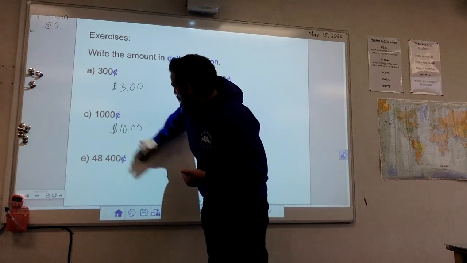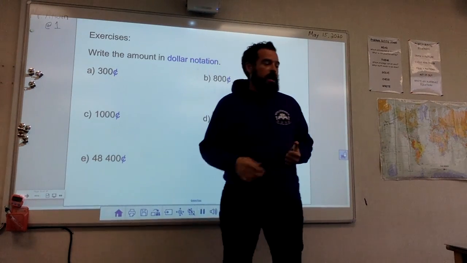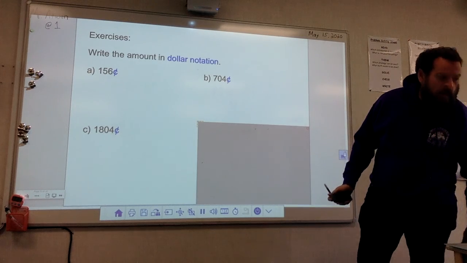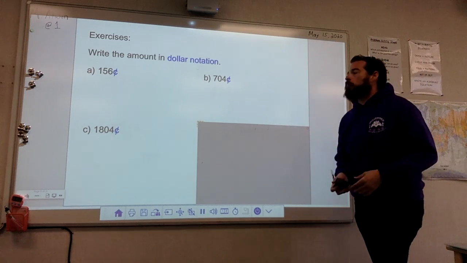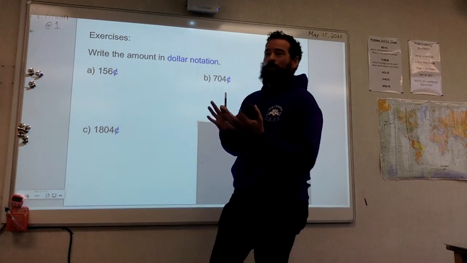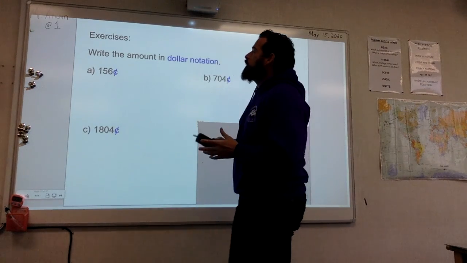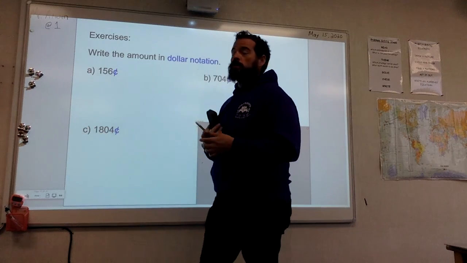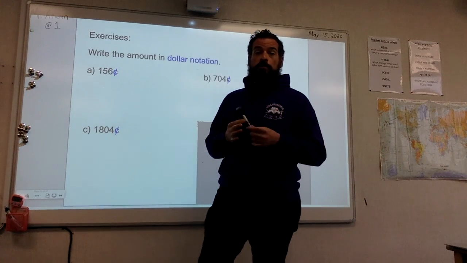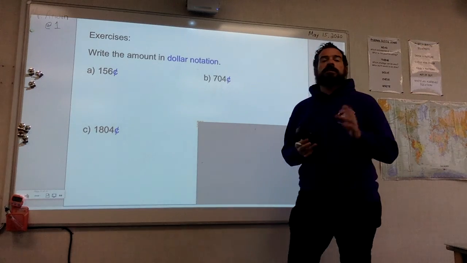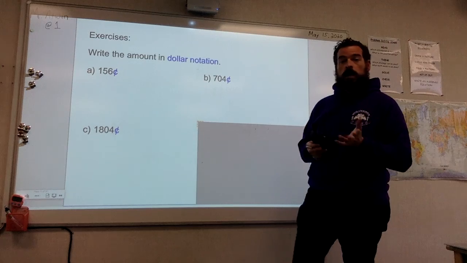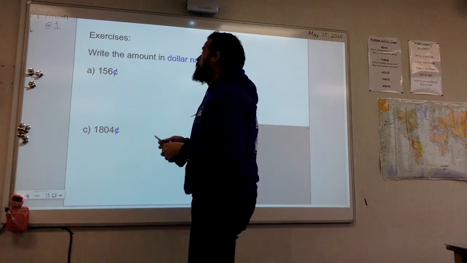Hopefully that's not too difficult to understand. All right, so we'll just have a couple more here. Those were all numbers that were divisible by 100, but now I'm just going to show you how that looks when we have numbers that are not. But again, if you keep in mind that you have to have 2 digits to the right of the decimal point when you convert from cent notation to dollar notation, these should still be pretty easy.